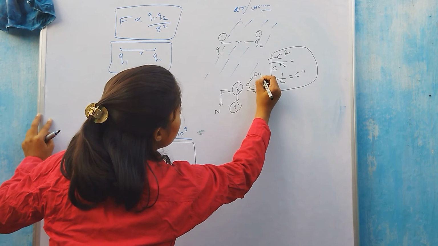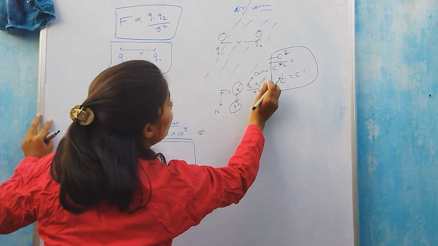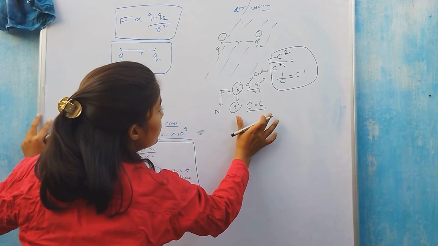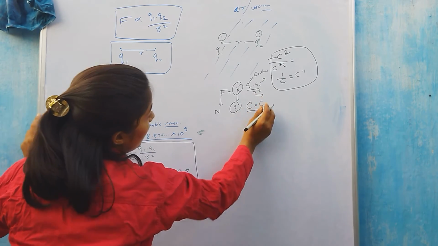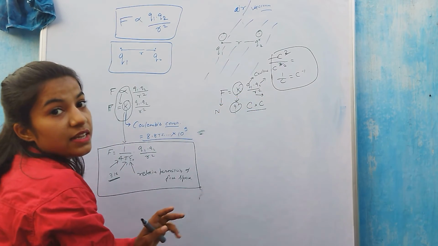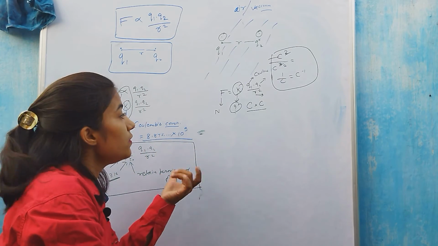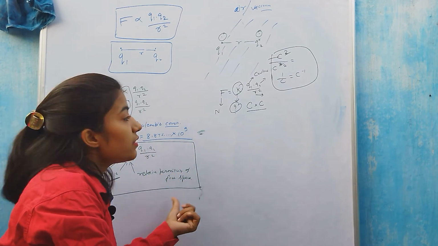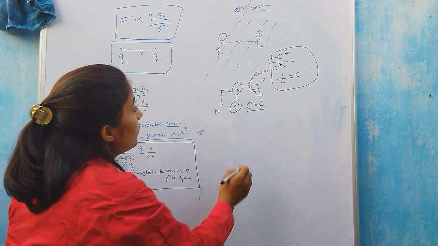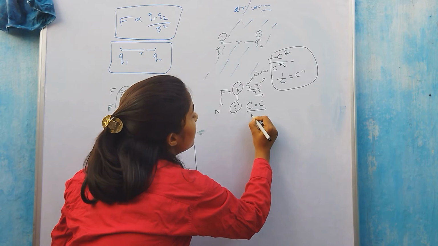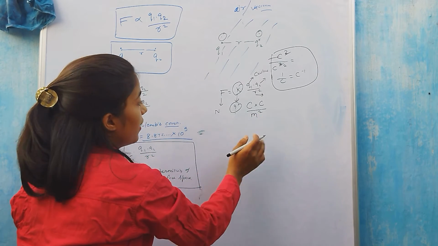That is Coulomb, and Coulomb is written as only C, means C into C, and r, that is distance. And if we talk about the distance, then what is the unit of distance? In SI unit, that is meter. Okay. So as this is in the squared form, means meter square will be here.